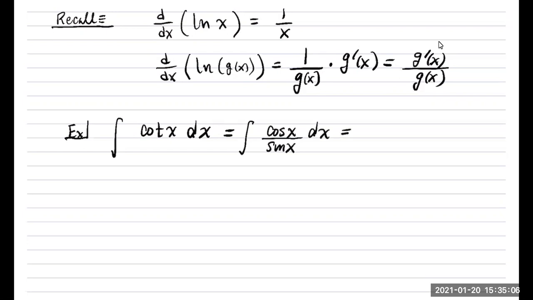Notice in the numerator, the cosine of x is exactly the derivative of the denominator. And so when you go back and look at this later, you know what we were thinking. I'm going to write it like that.